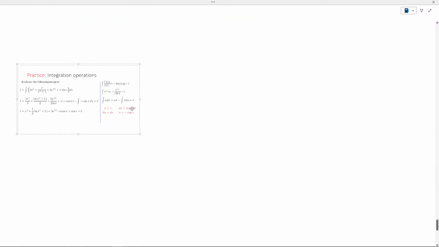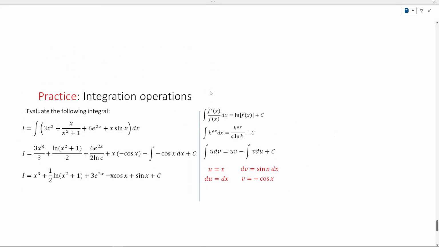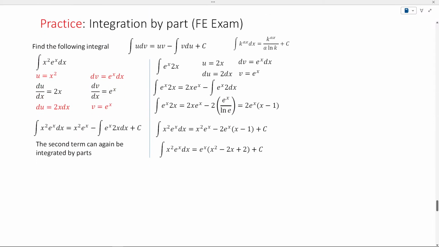And this is the solution. We did this already, and once you do this, you are ready to do your homework problem. The homework problem will not include integration by parts. So that's it for this lesson.